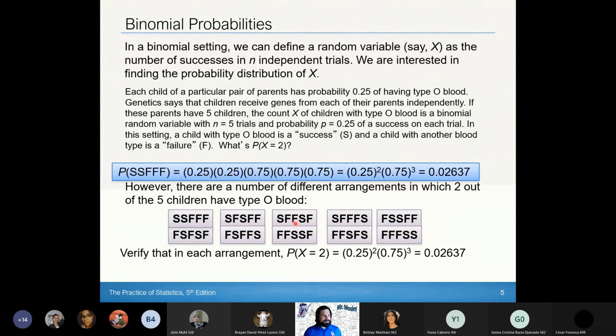So we have 10 possible ways to get that result, which means we have to multiply that result by 10. So the probability of x equaling 2 is 10 times the probability of one of those outcomes occurring, which all have the same probability, and we get 0.2637, about 26%.